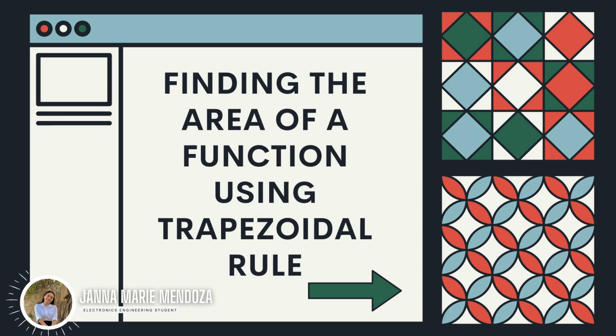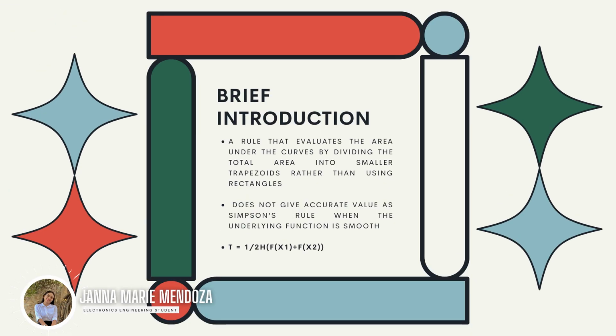So, finding the area of a function using a trapezoidal rule. In calculus, the trapezoidal rule is one of the most important integration rules. The name trapezoidal is because when the area under the curve is evaluated, the total area is divided into small trapezoids instead of rectangles.